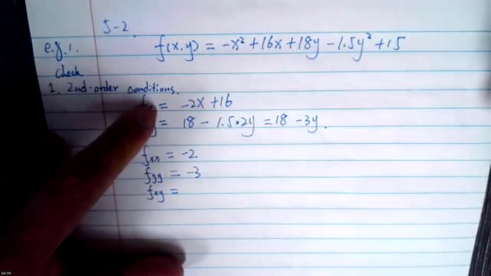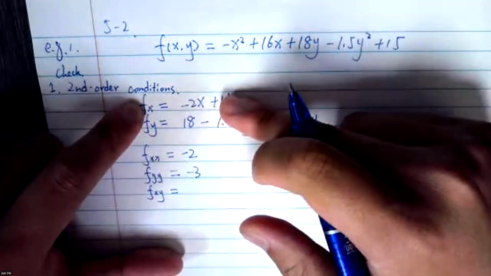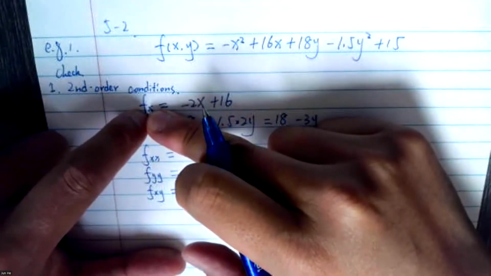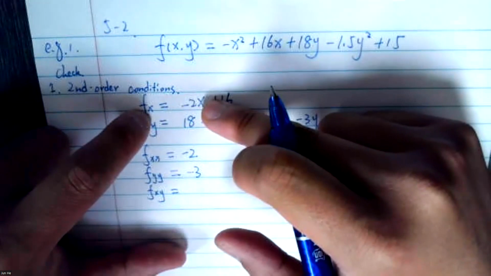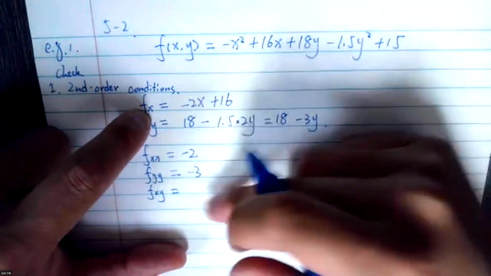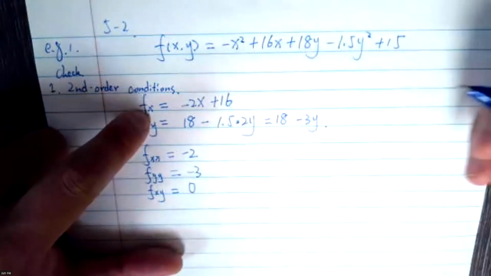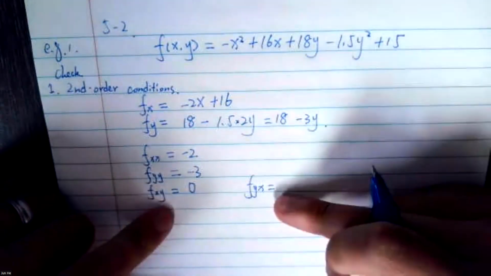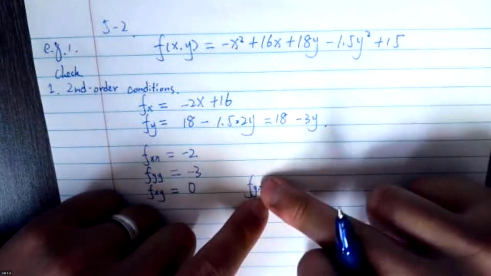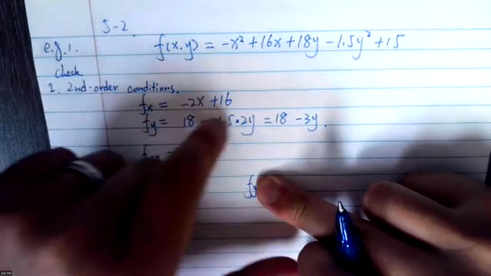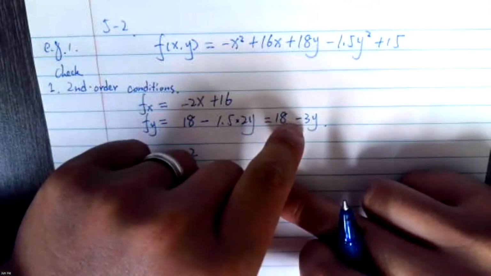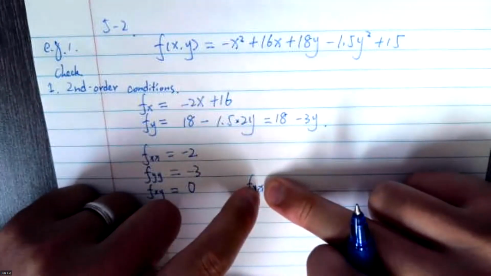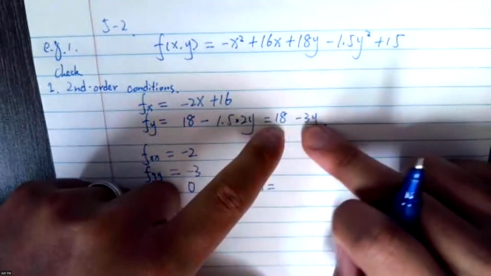And f_xy: take f_x, then take a partial derivative with respect to y. Nothing has to do with y, so the result is 0. Or you can check by looking at f_yx. Take f_y, the first order derivative, and then take another derivative with respect to x.